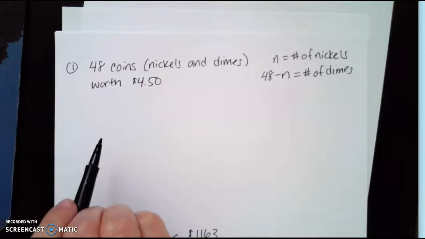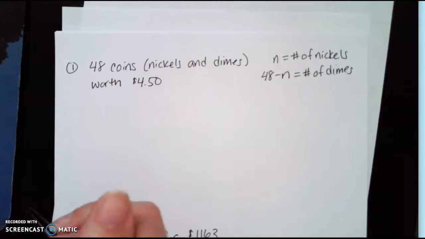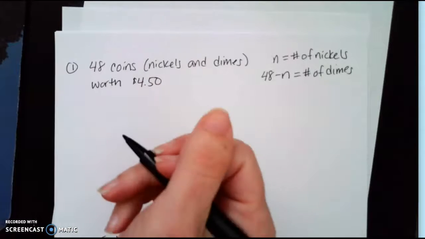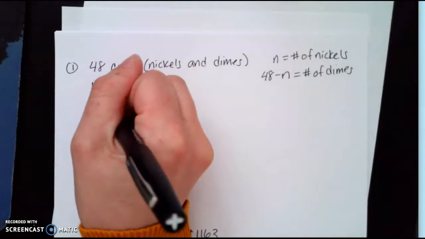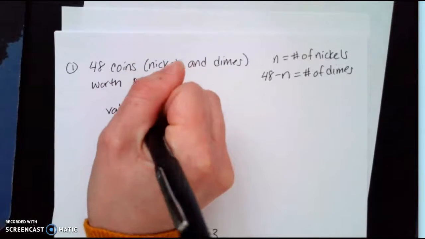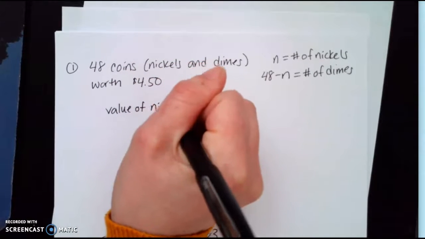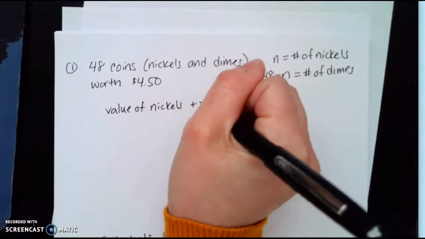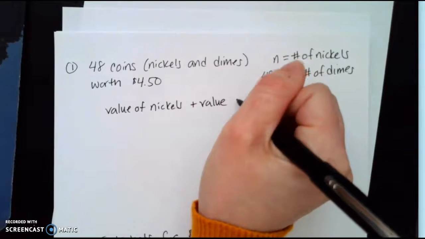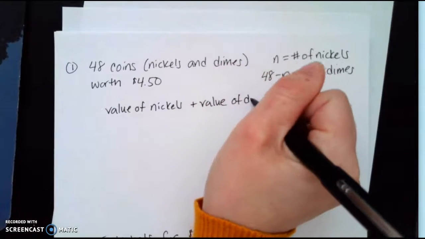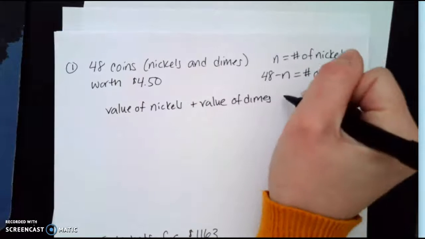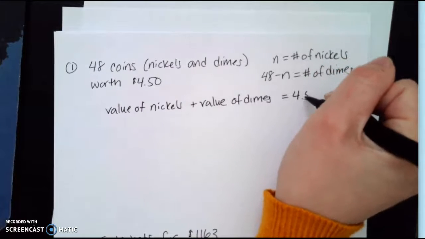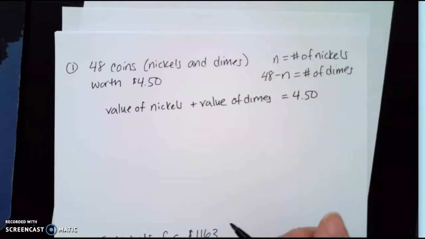So our equation can kind of be set up in words first. So the value of the nickels, so that means the monetary value of all the nickels combined, plus the value of the dimes, should equal $4.50. I'm just omitting my dollar sign there.